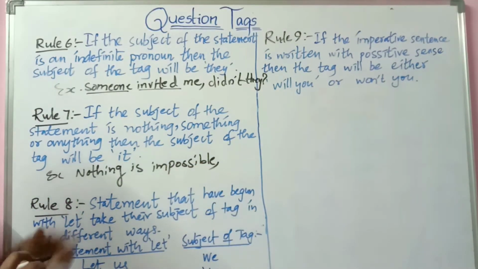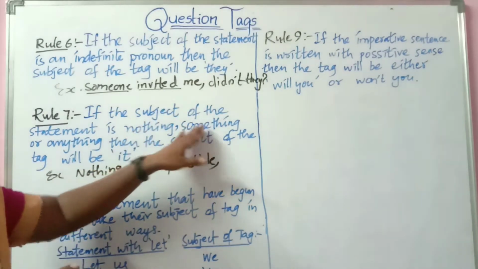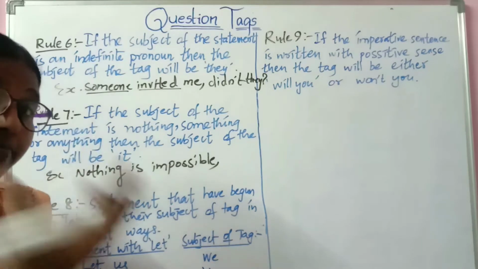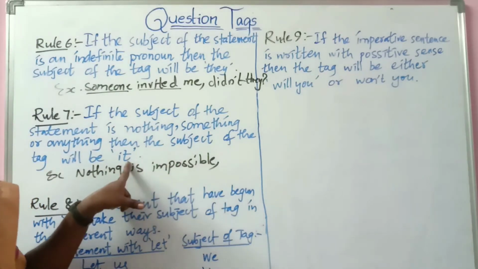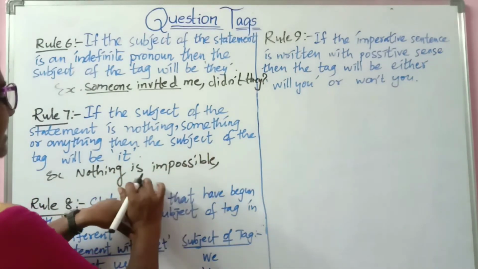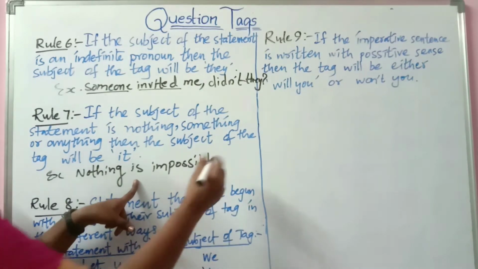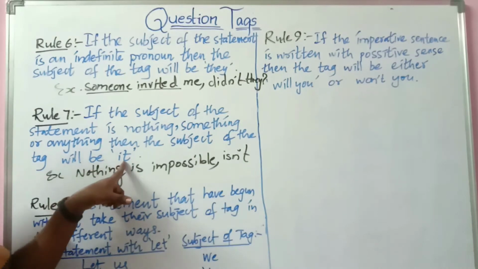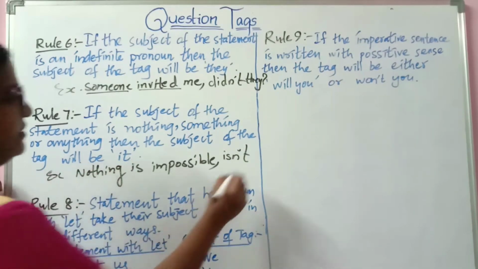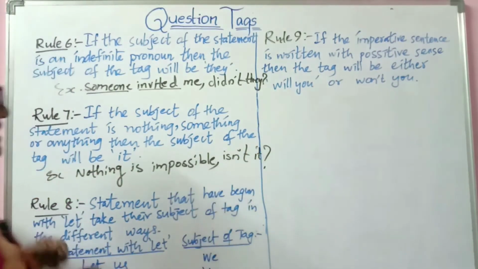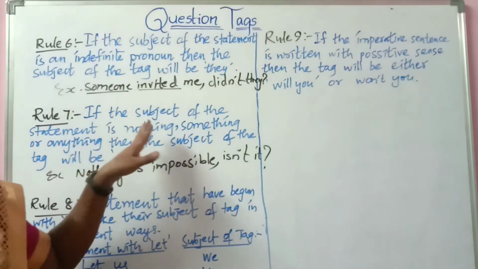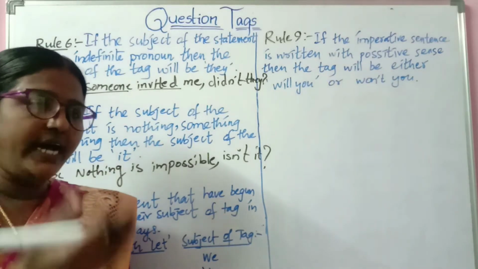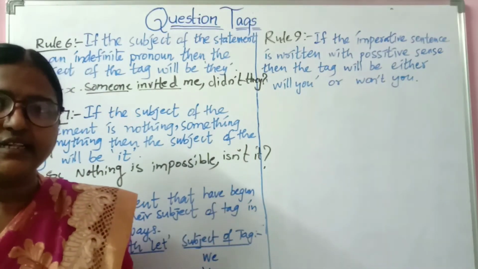If the subject of the statement is nothing, something, anything, then the subject of the tag must be it. Is. As it is a positive statement, make the tag negative. Isn't. And what do we have to write? It. So when the subject of the statement is nothing, something, anything, we have to write it when we are writing the tag.